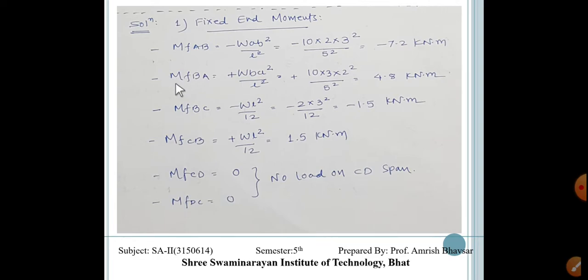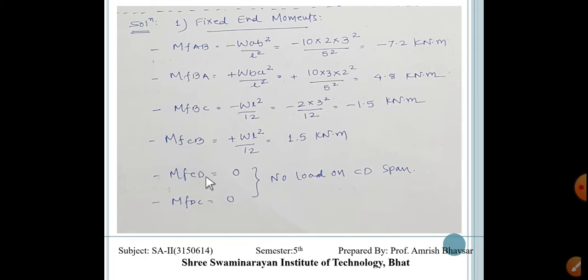Same way, the fixed end moment MFBA is plus W b a squared upon L squared, so we will get 4.8 kilonewton meter. Now, for span BC, there is a UDL, so it is minus WL squared by 12, and we will get minus 1.5 kilonewton meter. MFCB is WL squared by 12, so we will get 1.5 kilonewton meter.